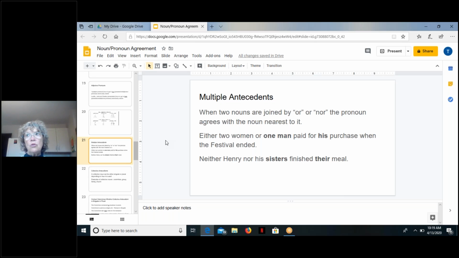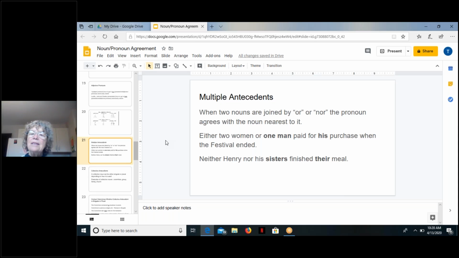Two women are two feminine people, plural. One man is a singular masculine noun. Which do we agree with? How do we set up that agreement? We have chosen to use his purchase because it's closer in the sentence to one man, and it simply makes your writing more readable if you follow this rule.